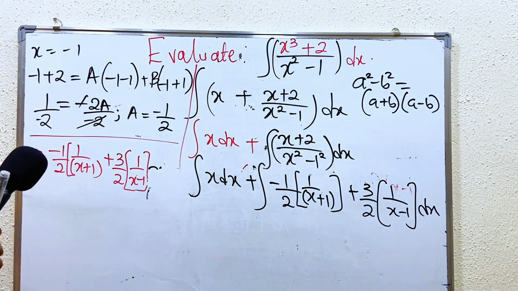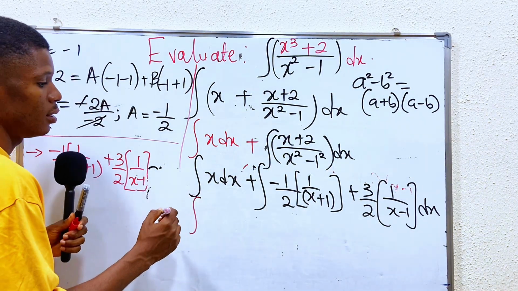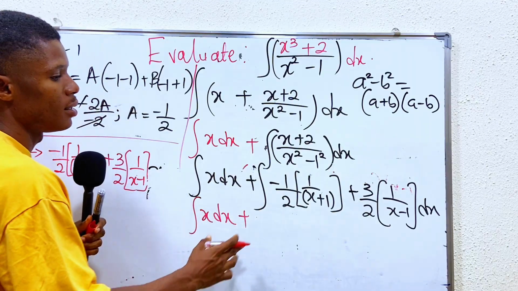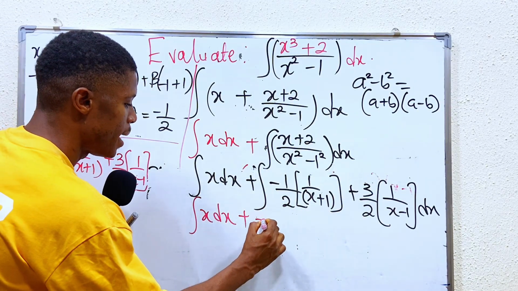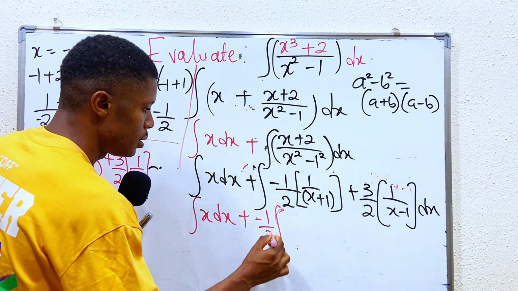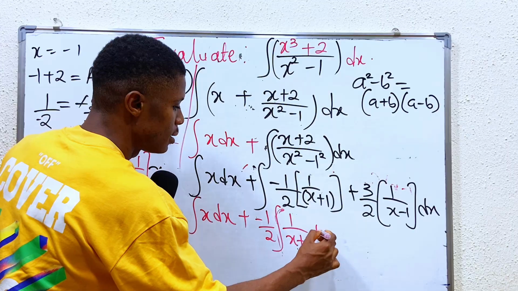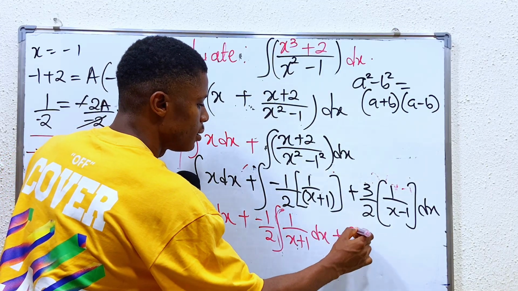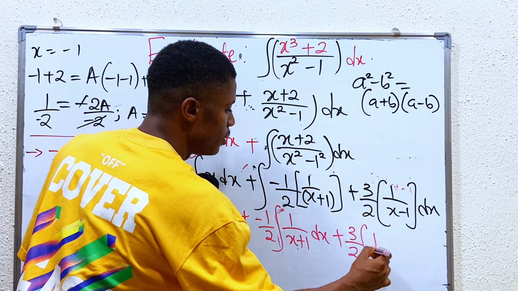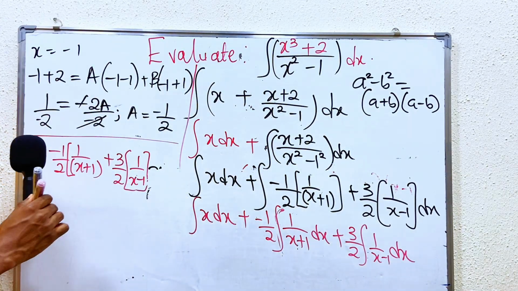So in that integral, we now have the integral of x dx, then plus, distributing, minus 1 over 2 integral of 1 over x plus 1 dx, then plus 3 over 2 integral of 1 over x minus 1 dx. We are almost done.